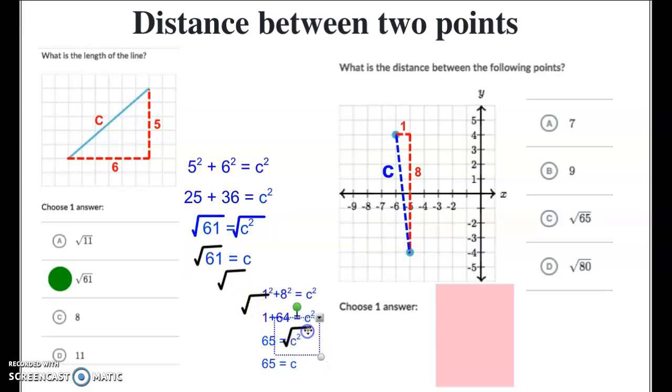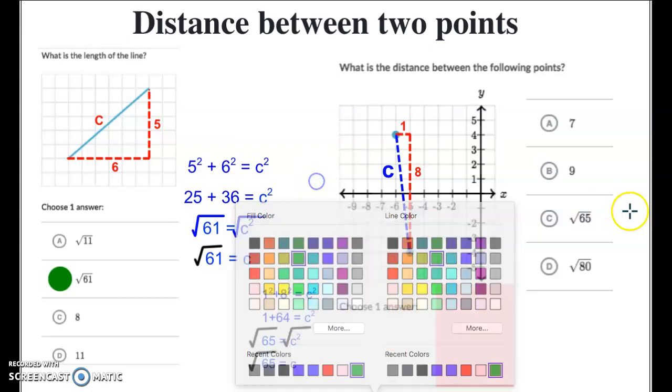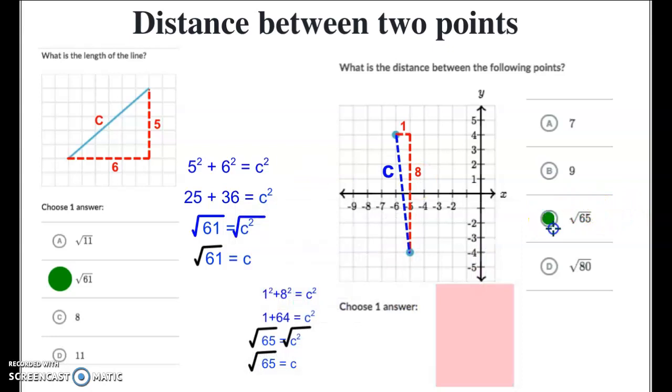As I take the square root of this side, I get c, and then I take the square root of this one. Hey, 65 does not turn out to be that nice of an answer, so our answer is the square root of 65. See, it doesn't take me forever to do this. And then finally we grab our circle here, we're going to give that color a nice green. And our answer for this one is square root of 65.